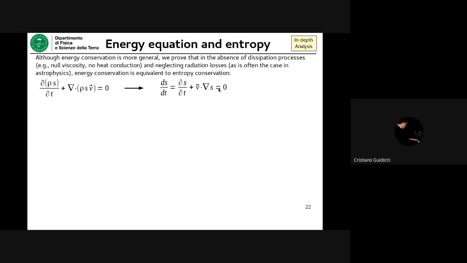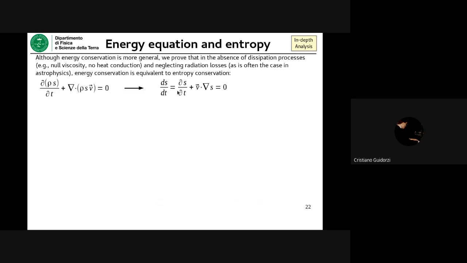The two are equivalent. So this is nothing but conservation of entropy, either expressed as a continuity equation this way or as a total time derivative this way. So I already proved to you in a more general case, so also in this specific case as a consequence, the validity of this implication, and also the other way around if you want, but in this case we care about this. So this is conservation of entropy both ways.